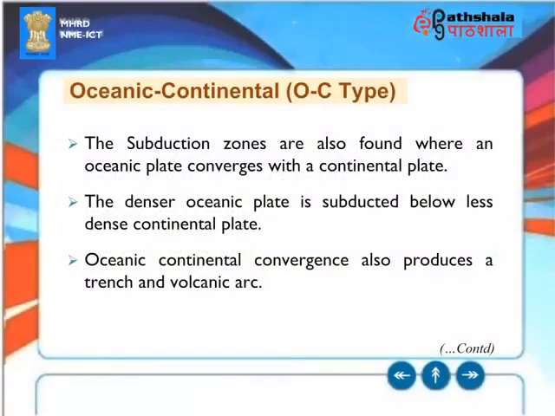Oceanic-continental, OC type. The subduction zones are also found where an oceanic plate converges with a continental plate. The denser oceanic plate is subducted below the less dense continental plate. Oceanic-continental convergence also produces a trench and volcanic arc.